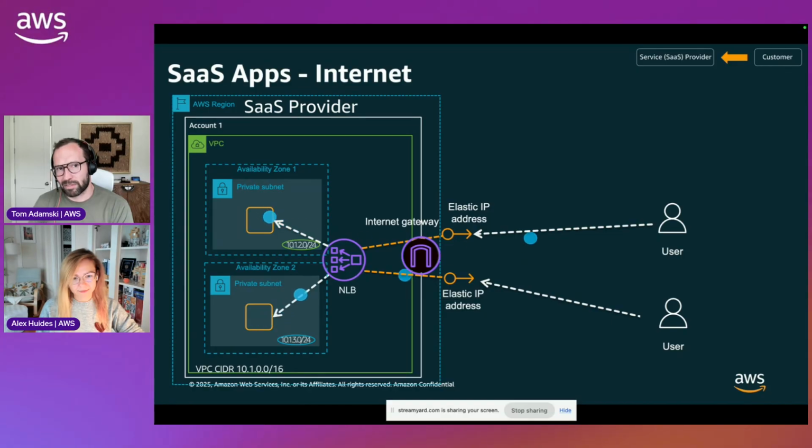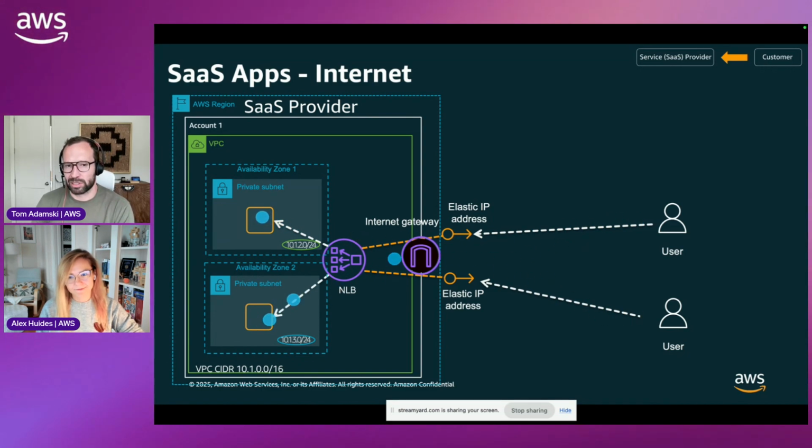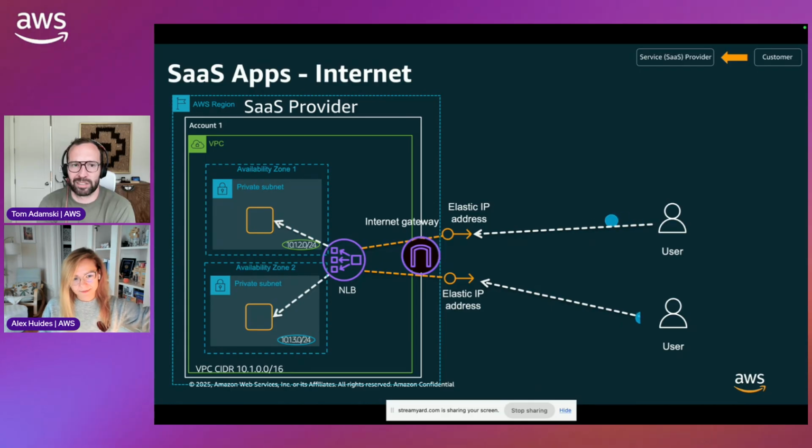If there were a private path to the SaaS provider, I wouldn't have to, as a user or as an application that represents the user, figure out a way for this application to get out to the internet and then get to the SaaS provider. I could just have a private path without having to worry about setting up internet connectivity. So that's what I usually see as the biggest advantage with private SaaS access.